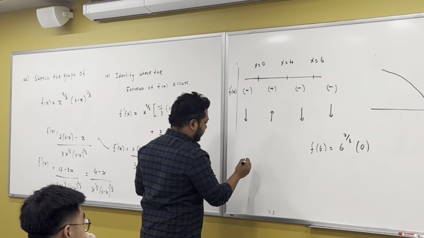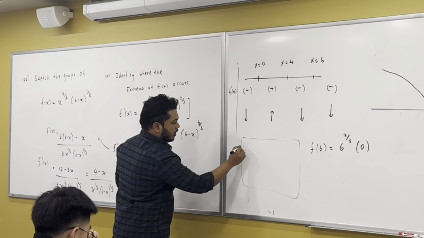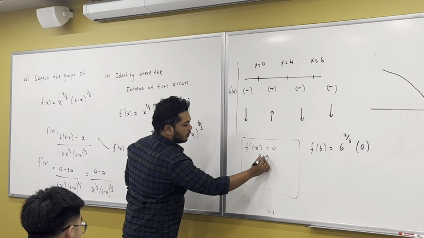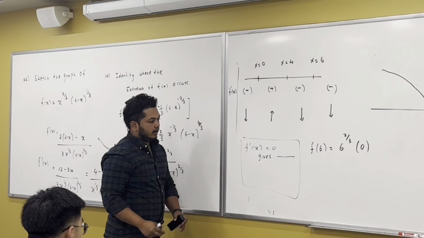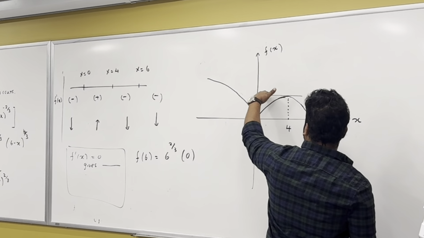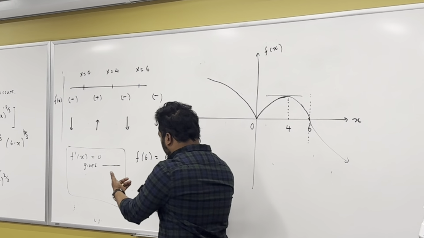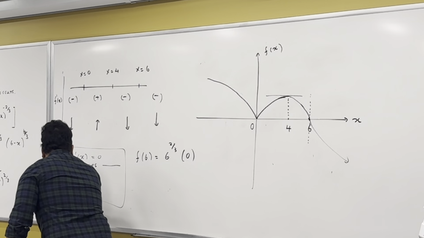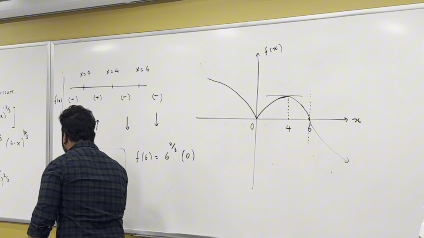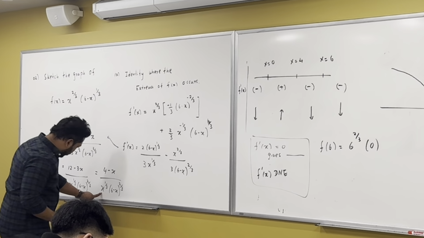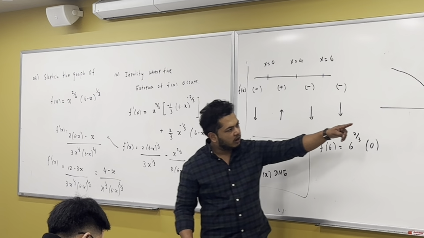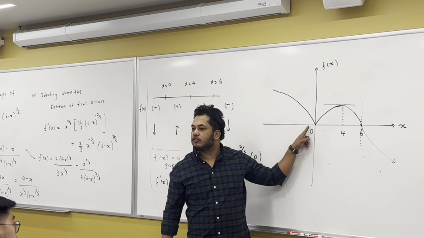Okay, so I'm going to write this summarization. Okay, first derivative 0 gives you a horizontal tangent line, like this point. I know at 4, horizontal tangent line, because at that point my derivative is 0. If f'(x) does not exist, like at 0 and 6, those points are called non-differentiable points.